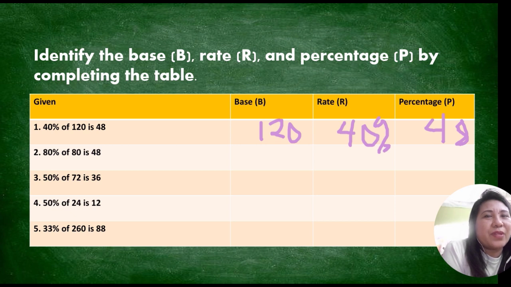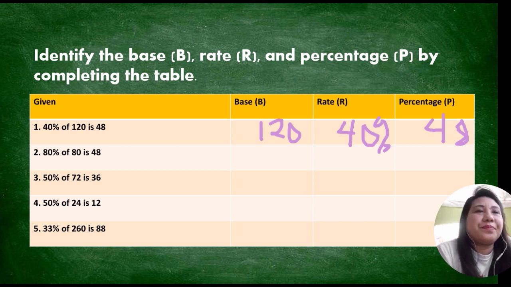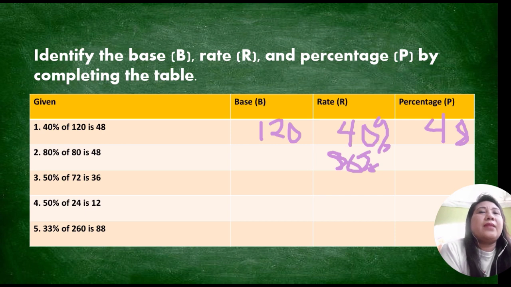Okay, very good. Let's proceed to number 2. 80% of 80 is 48. 80% is your rate. And 80 is your base.